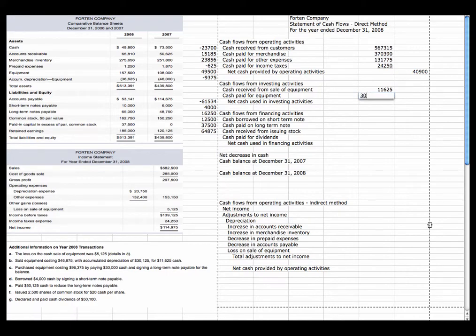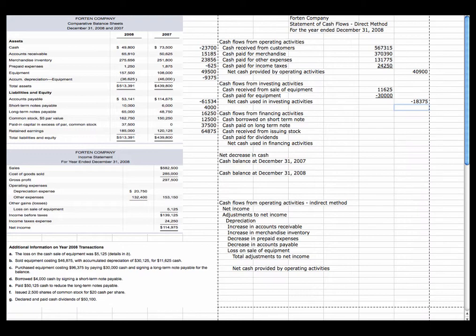But it is a use of cash, so put a negative. And therefore, now we can add these up. And if I take this number and subtract out this number, because it's a negative, we've used 18,375.